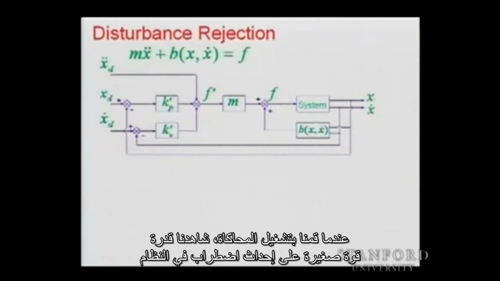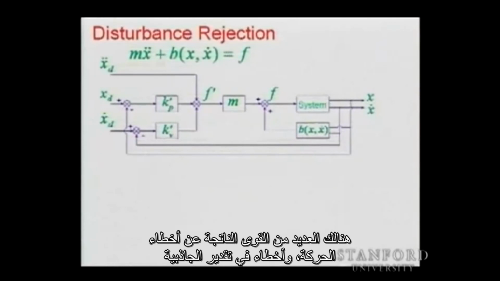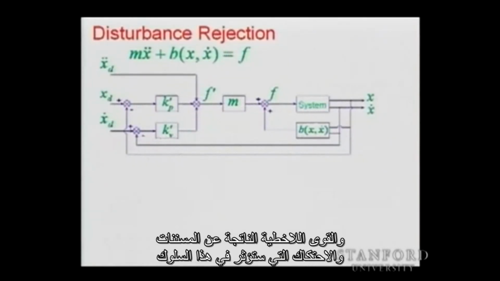When we were running the simulation, we already saw that a small external force will disturb the system. There are a lot of forces coming from the errors in dynamics, errors in the gravity estimates, and nonlinear forces coming from the gears and the friction that will affect this behavior.